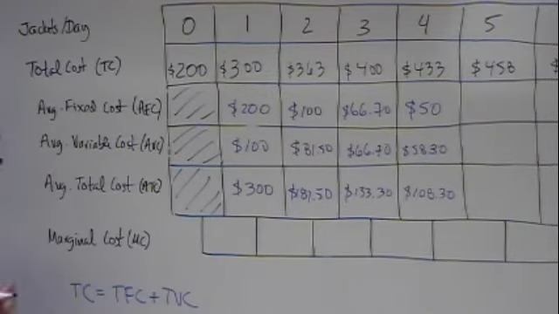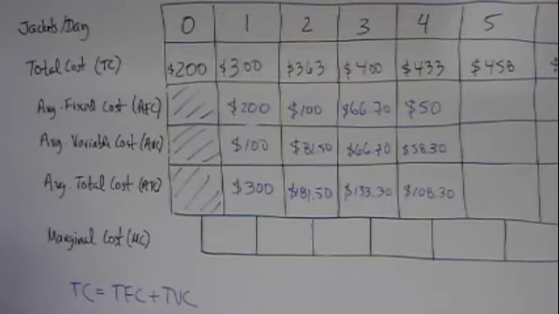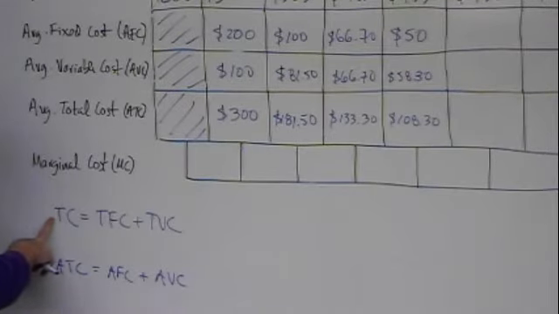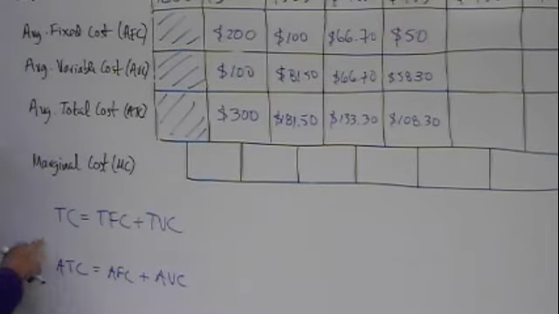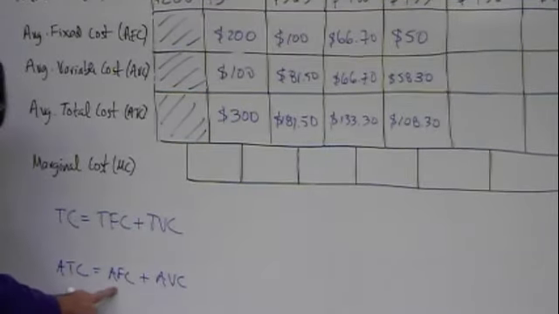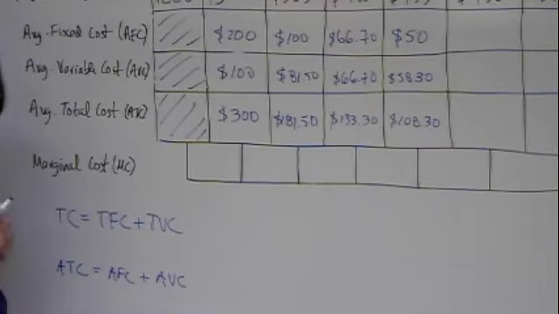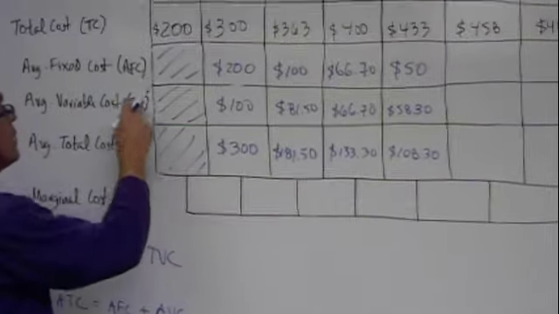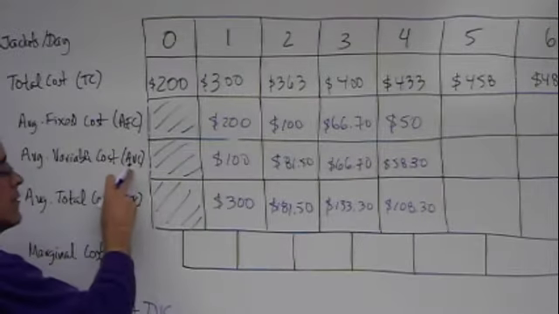But I want to also point out, we derived this relationship before. We said, as a result of simply dividing both sides of the total cost equation by the level of output, that we came up with a relationship that average total cost is equal to the sum of average fixed cost and average variable cost. So let's check that out. Does our average total cost equal the sum of average fixed cost and average variable cost?